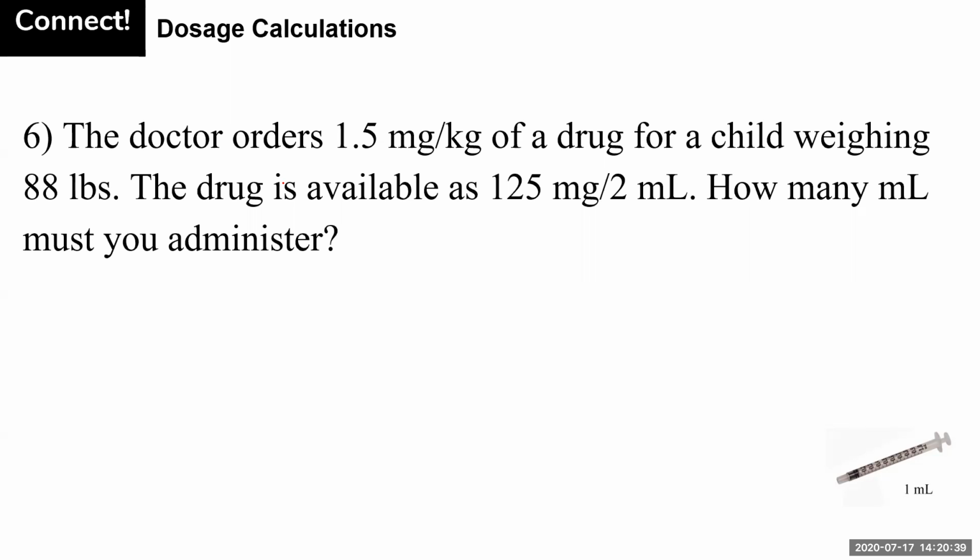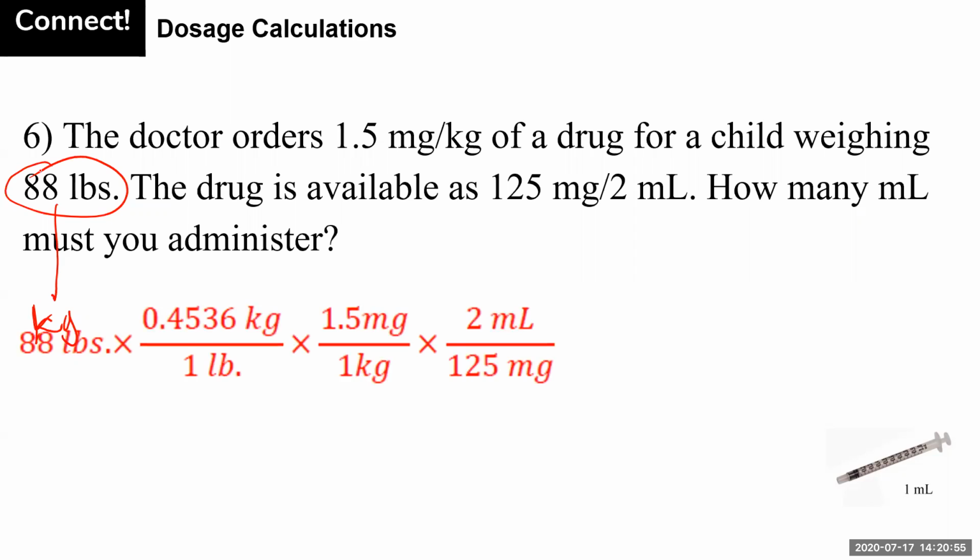Because you are dealing with 1.5 mg per kilogram, your first step is to change the pounds into kg. By changing to kilograms, as we have always done, you use that ratio. So you multiply by that, and you multiply by 1.5 per kg times 2 ml per 125, and that gives you that.